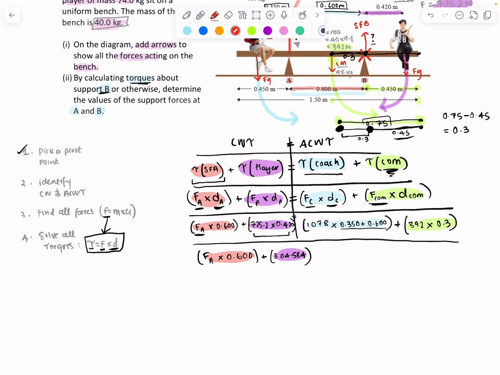All of these clockwise torques equal our anti-clockwise torques. So let's simplify all of this over here. What you should get is 1024.1, entering that into your calculator, and that is the torque of our coach, plus the torque of our center of mass, and that is going to be simplified to 117.6 newton meters.